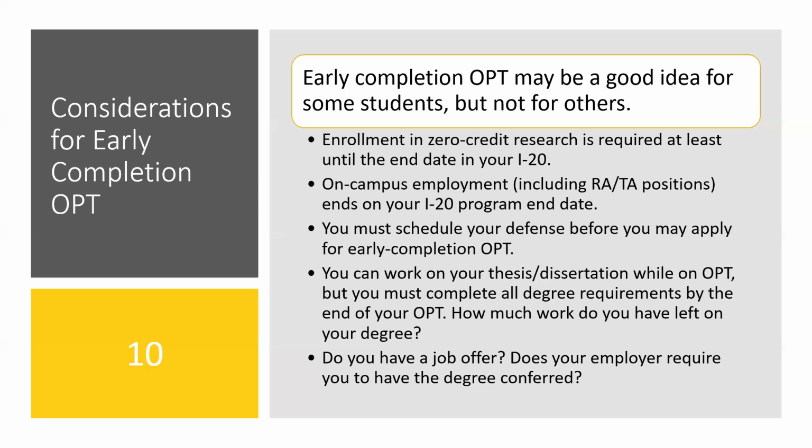So if you are planning to keep your end date as your graduation date, you must remain enrolled until that date. And keep in mind, if you're enrolled, that means you're charged tuition, student fees, health insurance. If you're at the point in your program where you no longer have funding from Vanderbilt, that could be a consideration because maybe that's an expense that you have to cover. So you'd want to think about that.